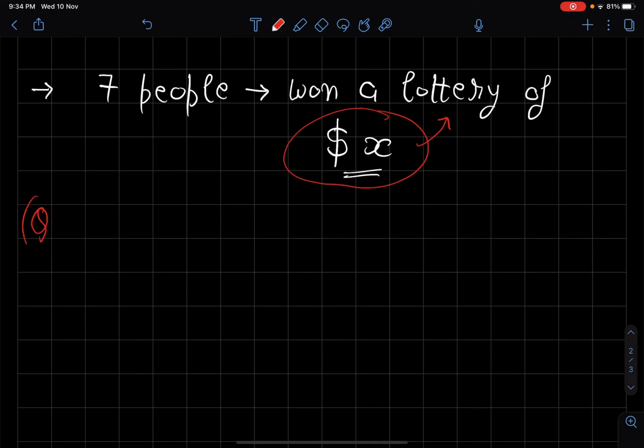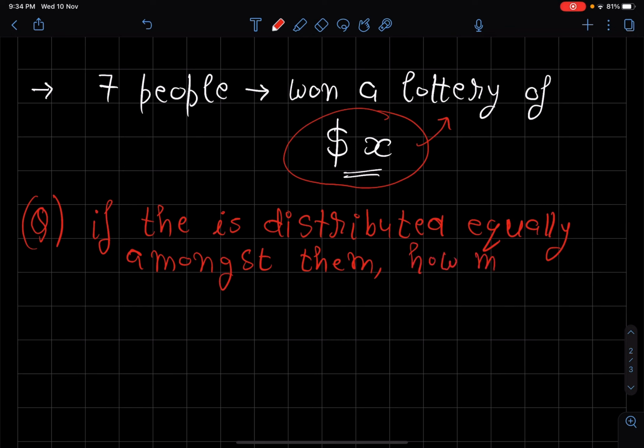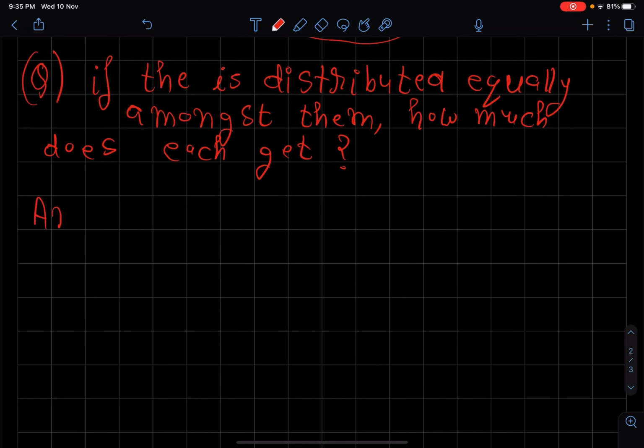And the question says, if the money is distributed equally amongst them, how much does each get? I think most of you know the answer by now.